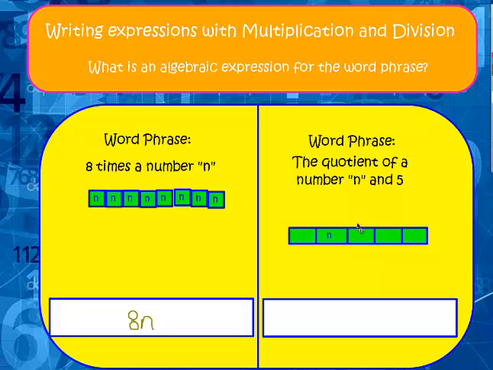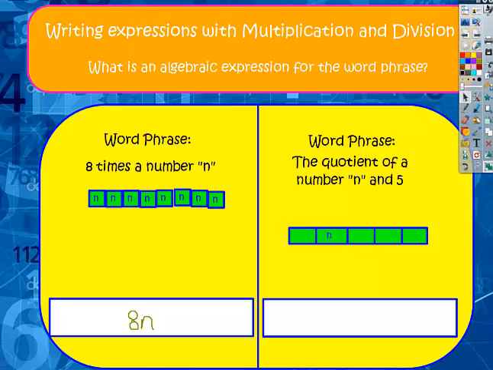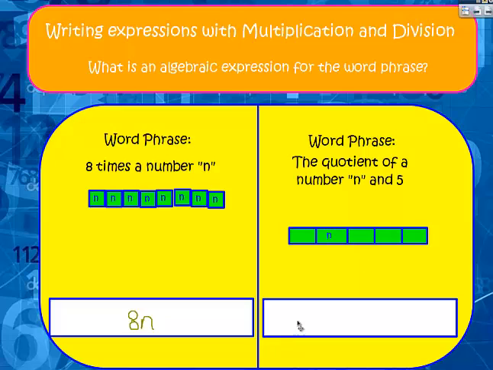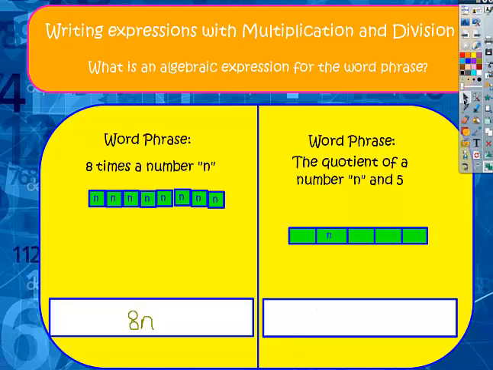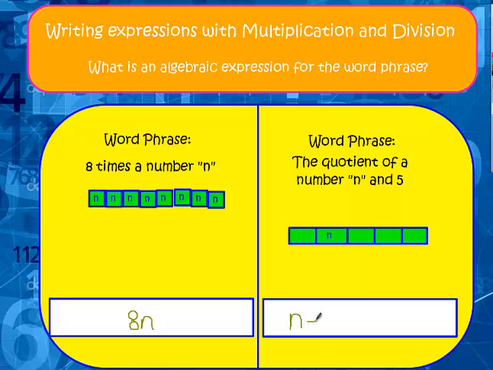In other words, I take n and I divide it by 5. We could also see this as n divided by 5 as a fraction. I have 5 parts of n.